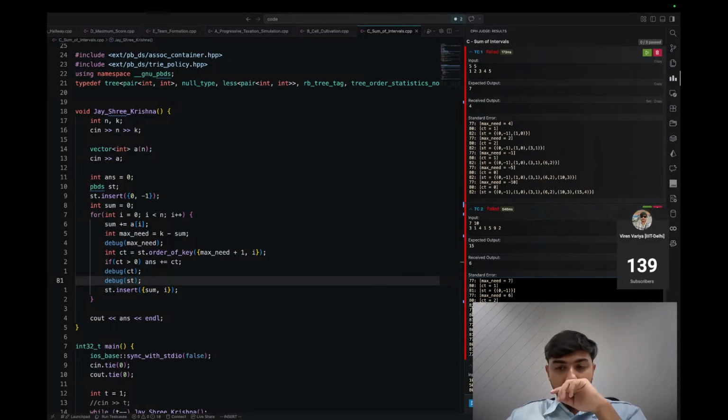Max need is 4, 7, 8, count is 2. This is also fine. Max need is 1, then count is 1. Max need is -4. Here comes the issue. Max need is -4.